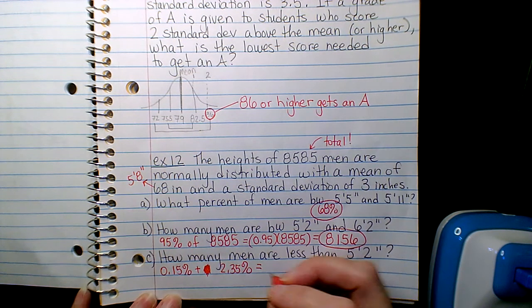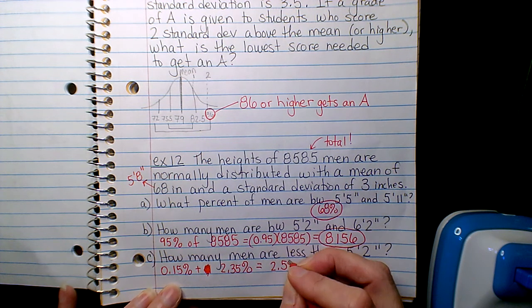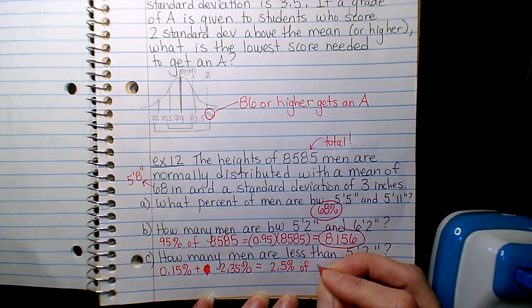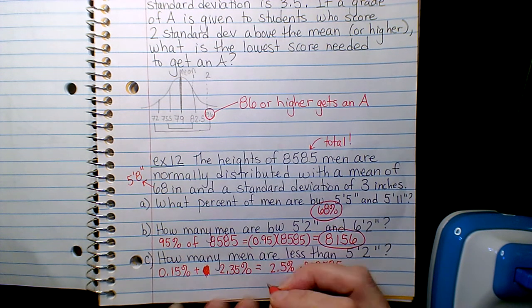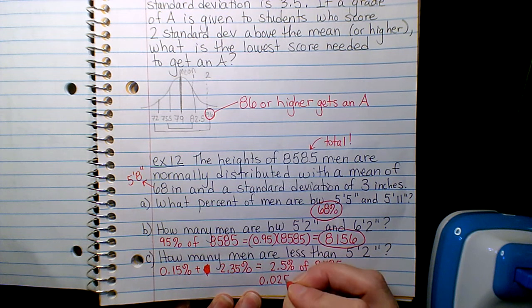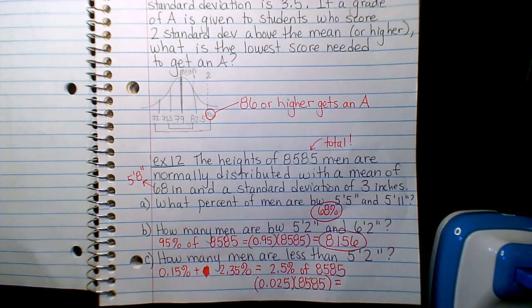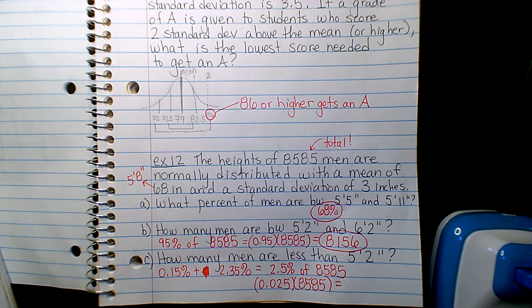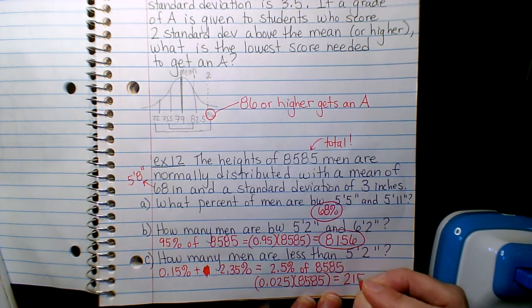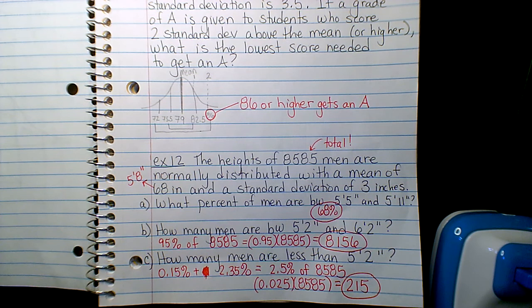If we add those together, we're going to get 2.5% of 8585. So that's going to be 0.025 times 8585. I'll do that computation real quick for us. That is about 215 men that are shorter than 5'2".